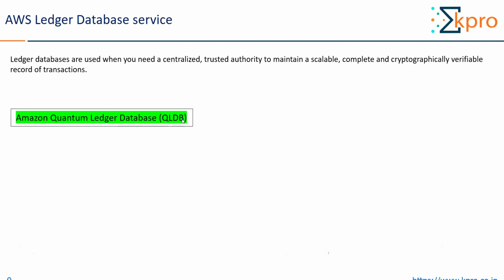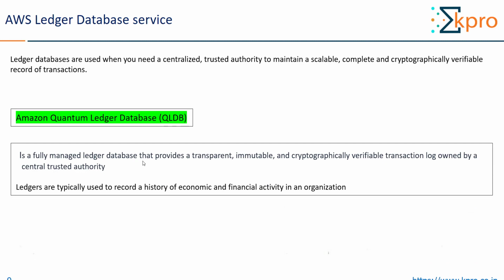Sometimes if you search on Google or in documentation, you will get AWS QLDB, Quantum Ledger Database service. It is a fully managed ledger database that provides a transparent, immutable and cryptographically verifiable transactional log owned by a central trusted authority. Ledgers are typically used to record a history of economic and financial activity in an organization.